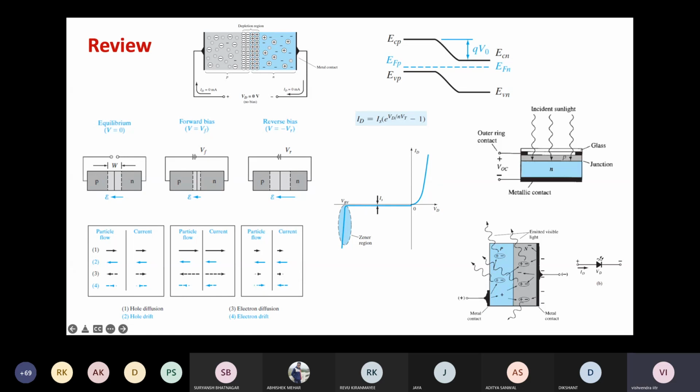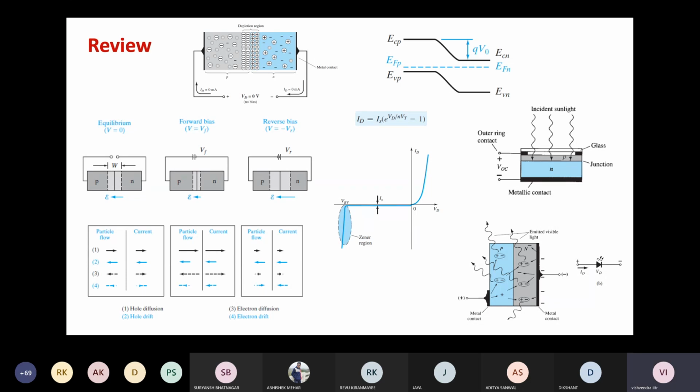Okay, after studying these basic things, we also tried to understand some applications of the PN junction, and one of the applications is the solar cell. One real life application where this is very important is solar cell, and second, one of the most important real life applications is an LED, light emitting diode, because as you might have also realized, LED is one of the most important constituents of lighting and display systems nowadays.